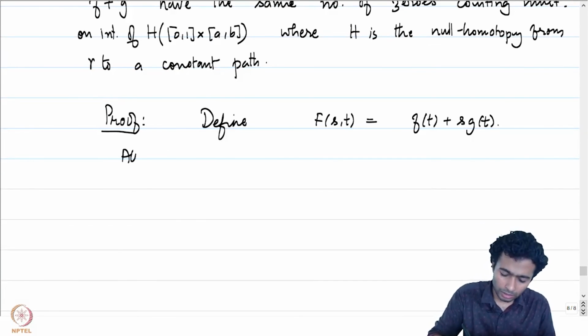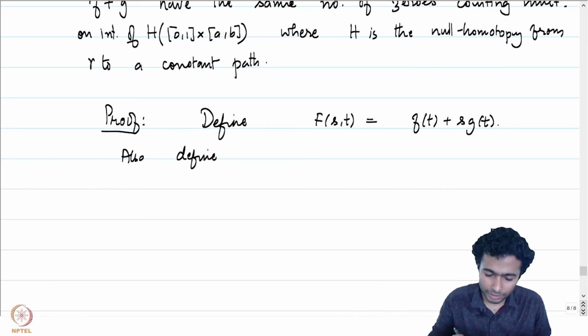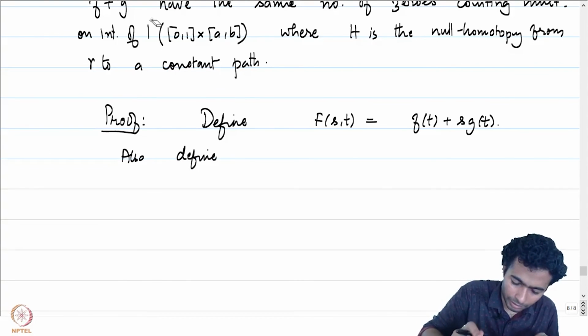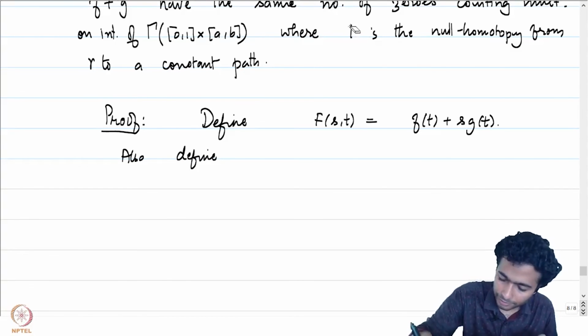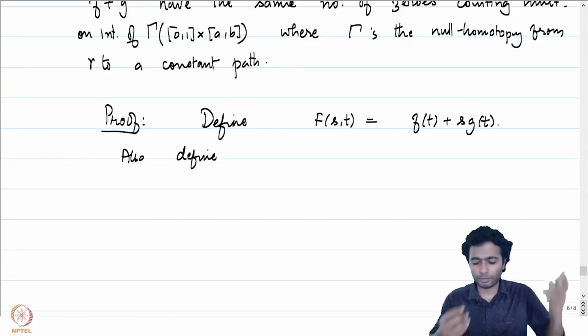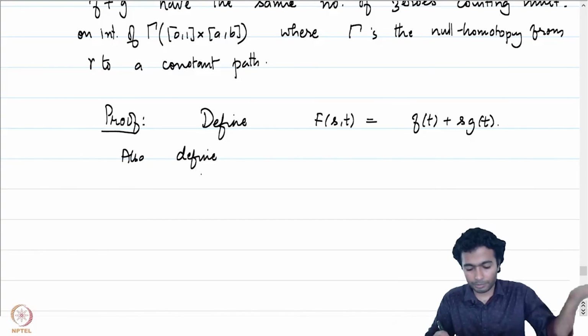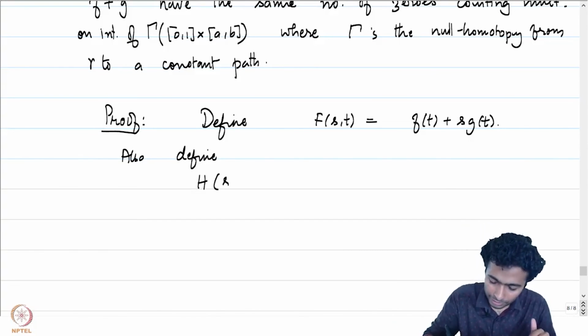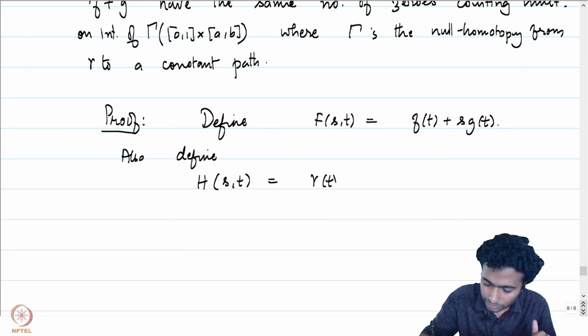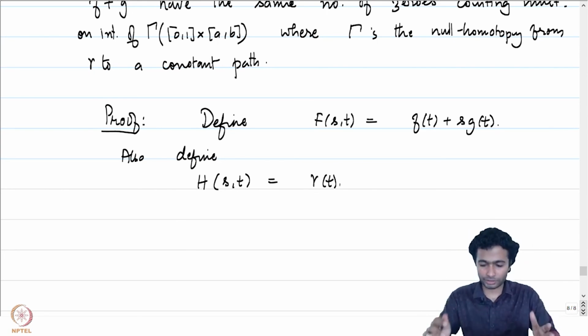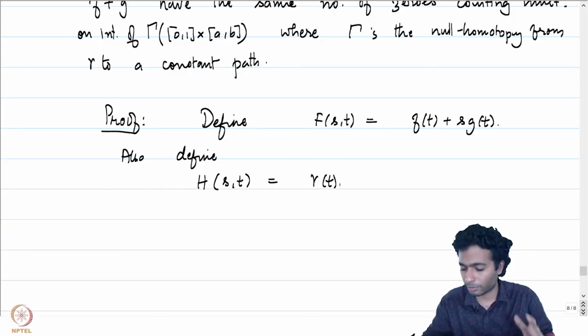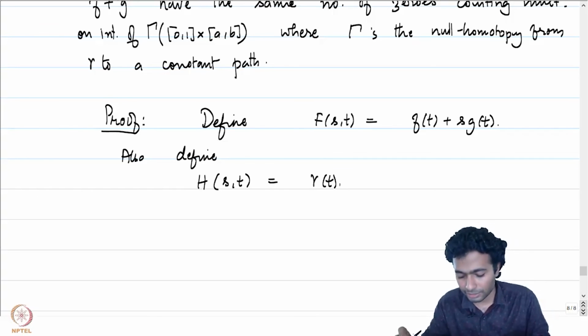Also define our capital H, which I will be using from the previous theorem. Define capital H of s comma t to be just equal to gamma of t. I am not going to change this curve at all. The homotopy is hence going to be the same curve at every stage s.